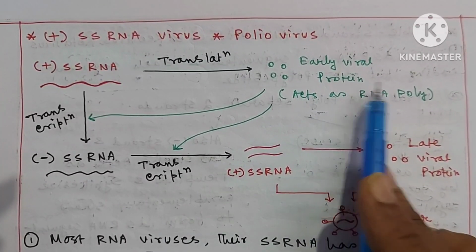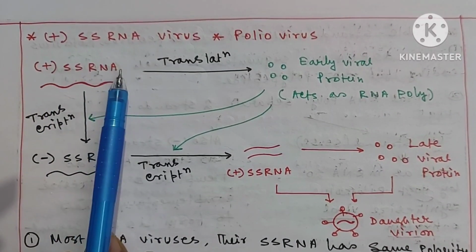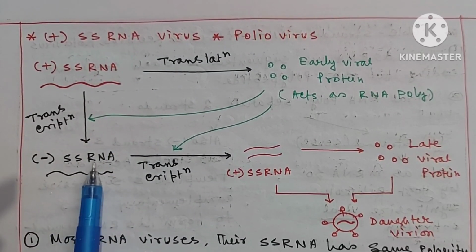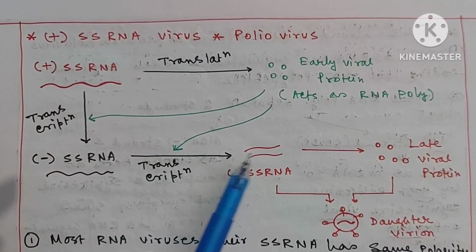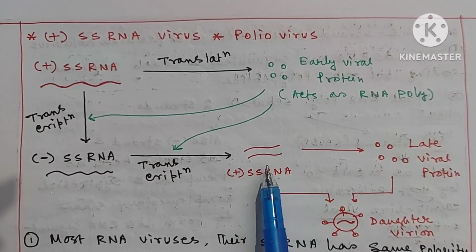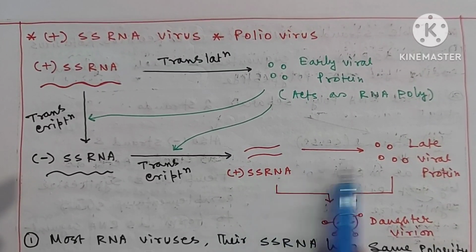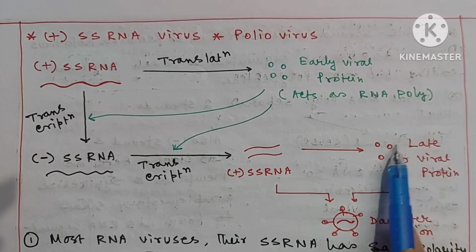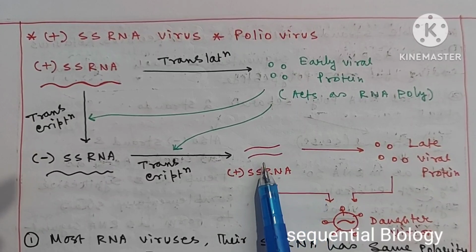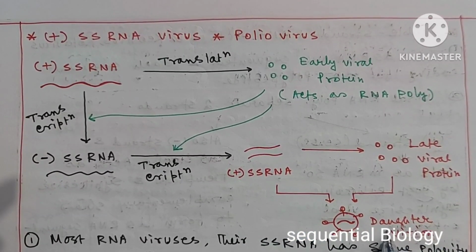This early viral protein acts as RNA polymerase and causes transcription of the parental plus ssRNA, from which minus ssRNA is synthesized, and again the progeny plus ssRNA is synthesized with the help of this early viral protein. From this progeny plus ssRNA the late viral protein is synthesized, and these late viral proteins are components of the capsid. Then the progeny plus ssRNA and the late viral protein are assembled together to form the daughter virion.